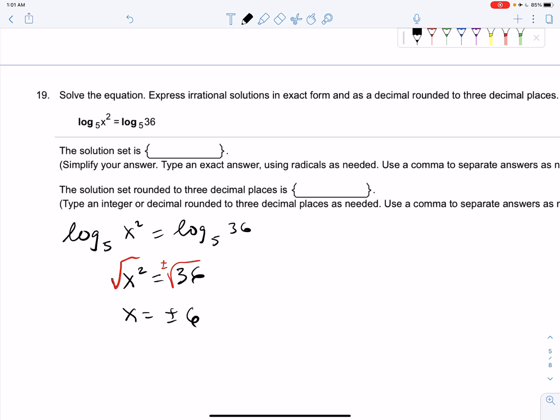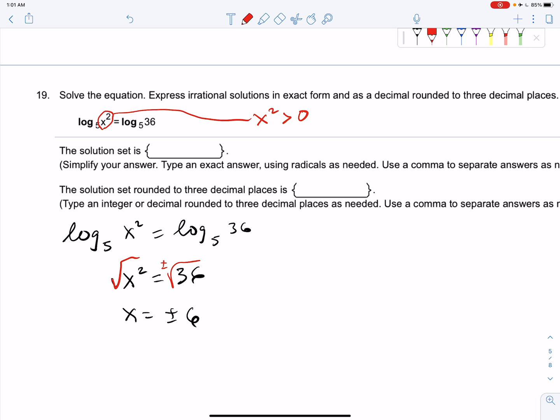Now the difference with this problem compared to the other problems is that you actually have to take the negative 6. And here's why. When you take a look at this argument, x squared must be greater than 0.